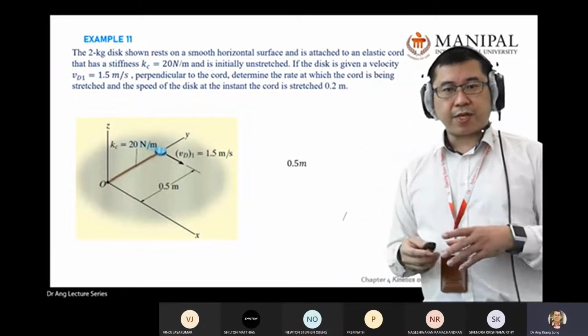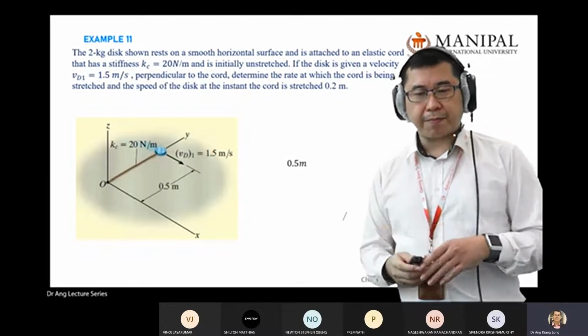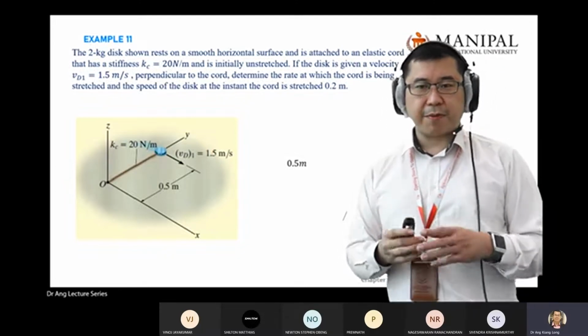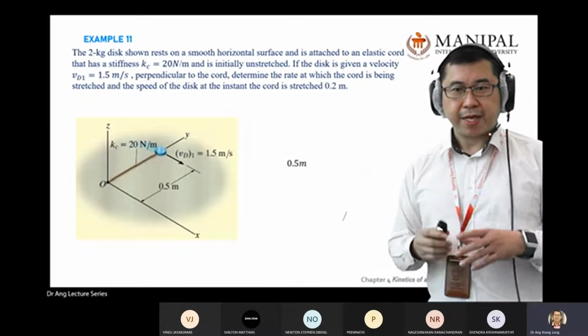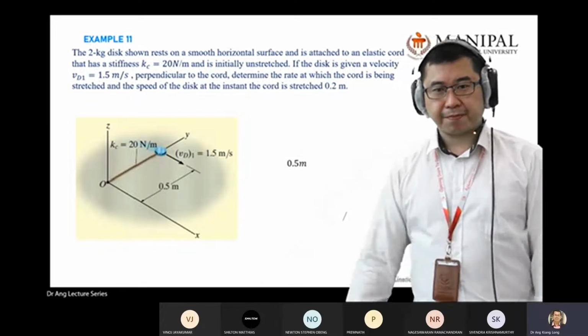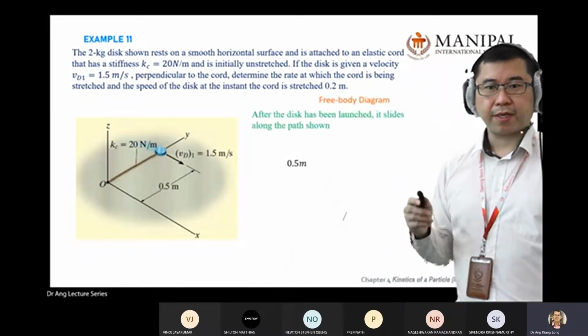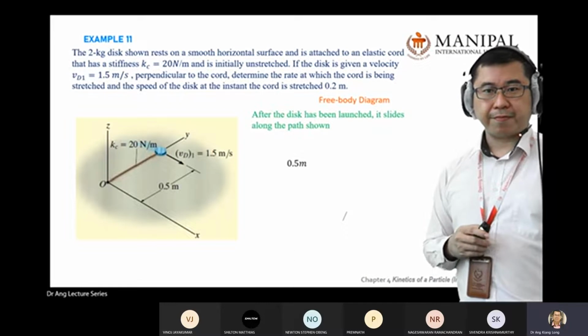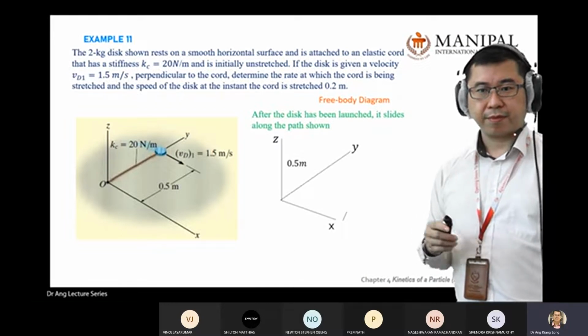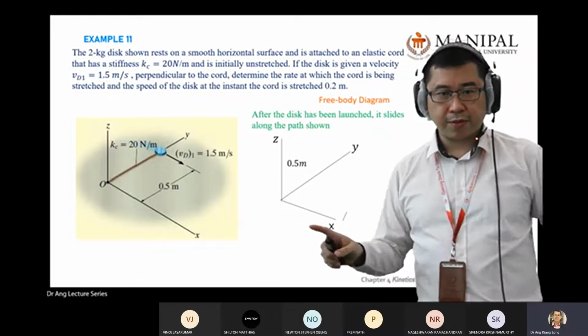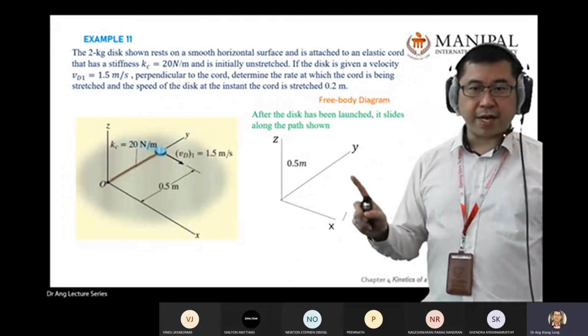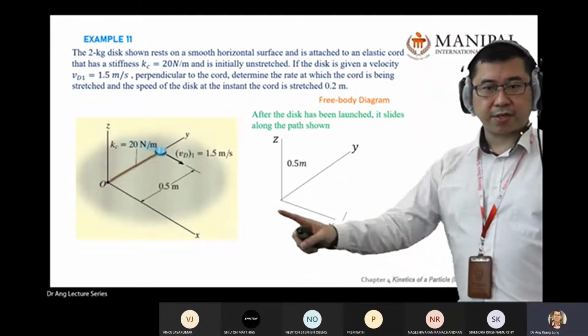Basically this question asks you to apply the principle of angular impulse and momentum and some spring concept. Draw the free body diagram, three-dimensional, with Z, Y, and X.